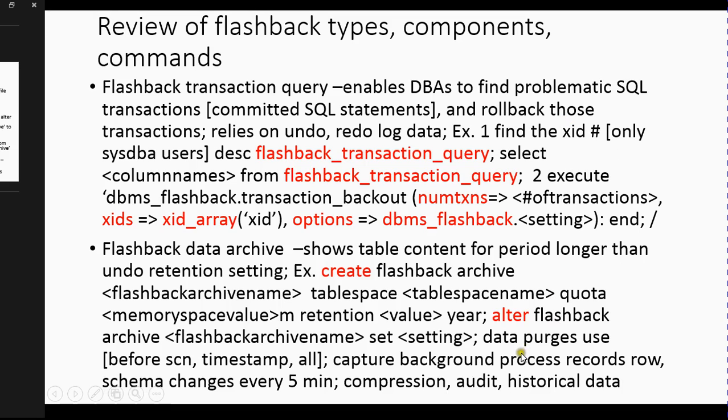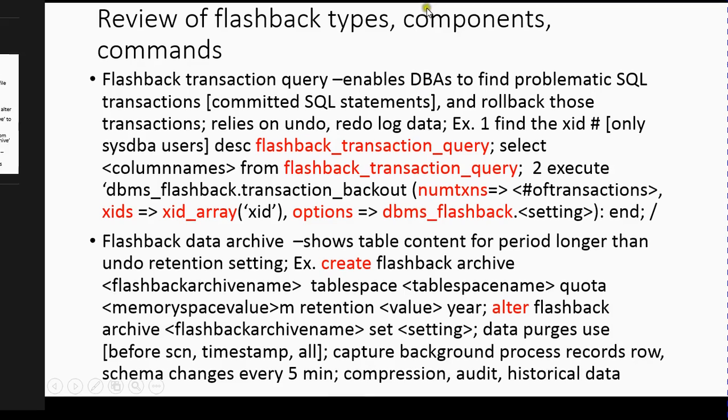This is all possible because of the capture background process. It records the changes inside the database environment, both the row changes and the schema changes. How you're able to store this data for such a long period of time is by compression. The data is compressed inside of that table.